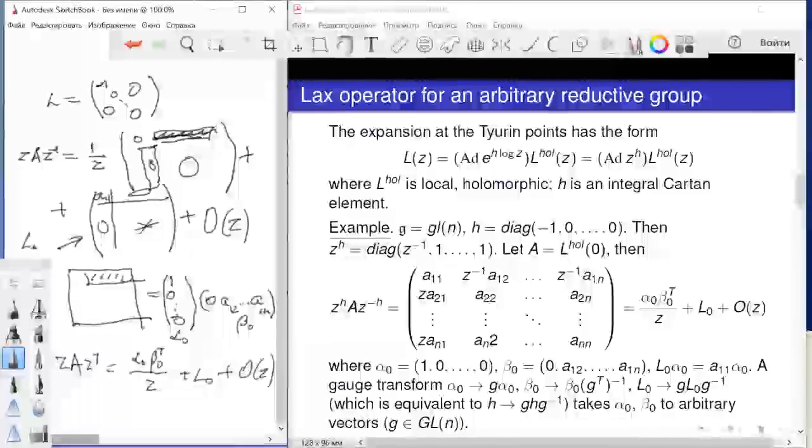Let me beg your pardon for this quite inaccurate sentence, but I mean that we can consider H up to conjugation. There is so-called gauge transform, where G is just an element of GLN.